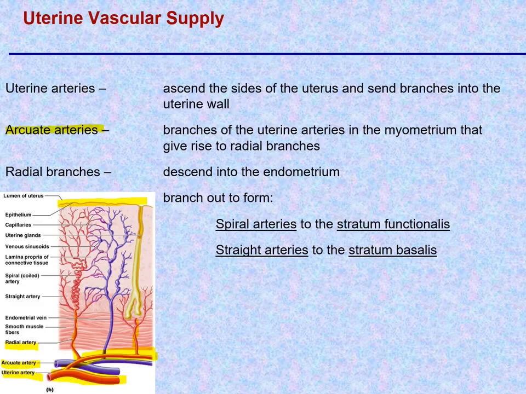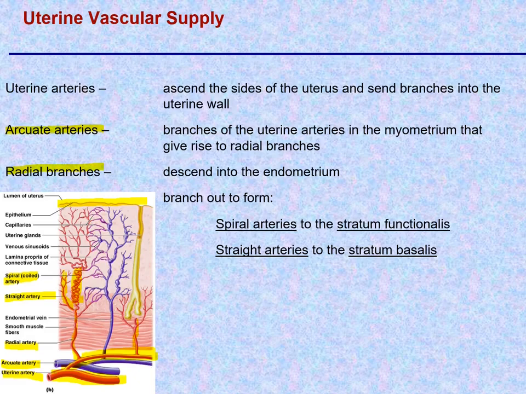Those radial branches go on to form straight arteries and spiral arteries. Here's an example of a straight artery, and here's an example of a spiral artery right there, which is quite a tight, circular kind of artery.